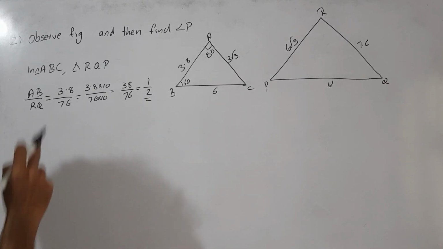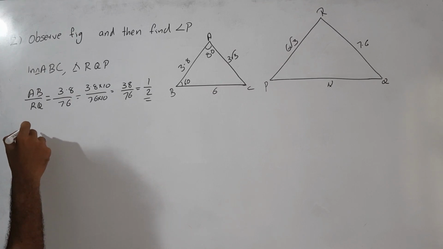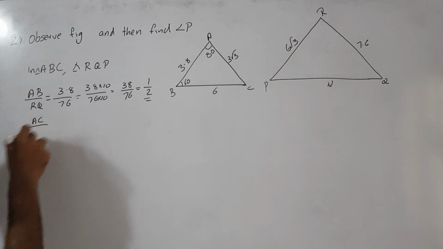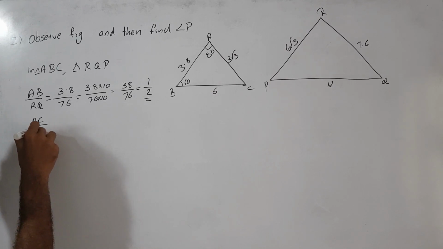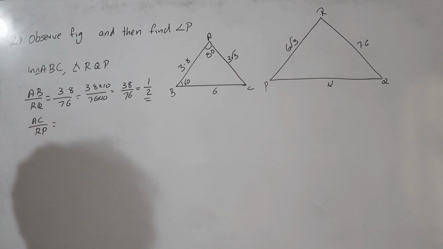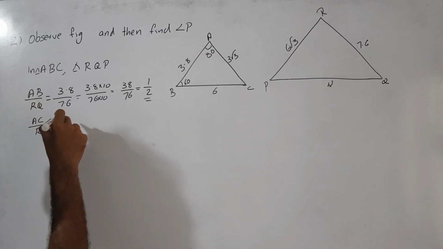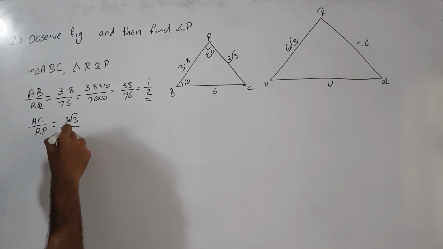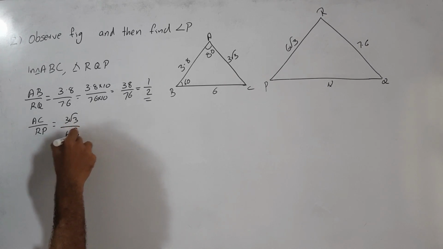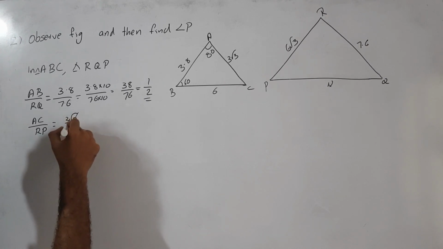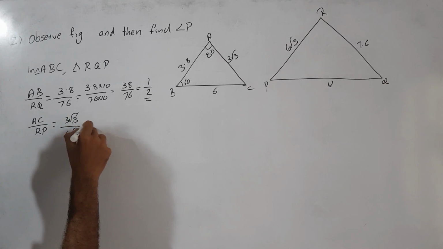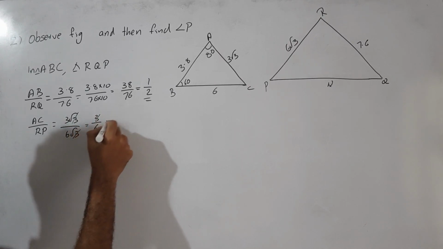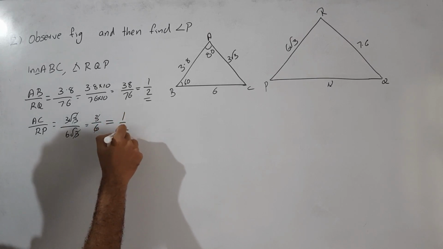Next we check the ratio of AC and RP. What is AC? AC is 3 root 3 by 6 root 3. It's possible to cancel root 3. Then 3 by 6, which can again be reduced. We get 1 by 2.